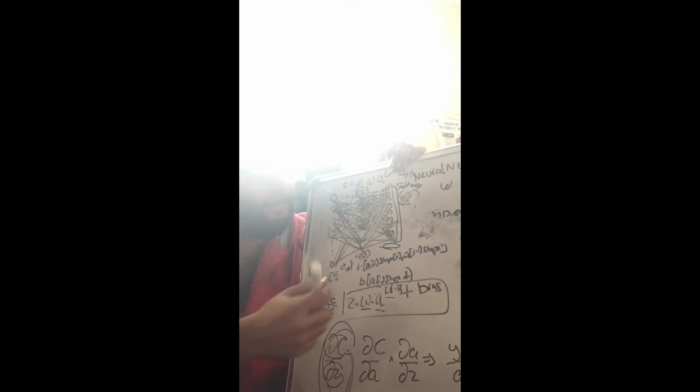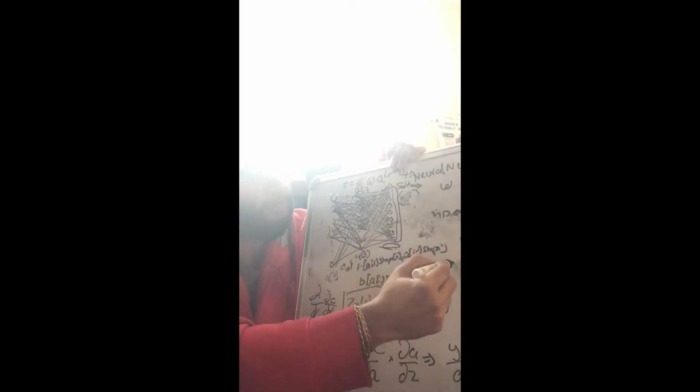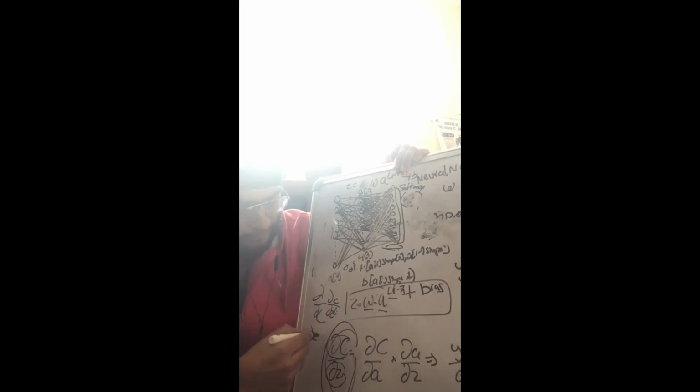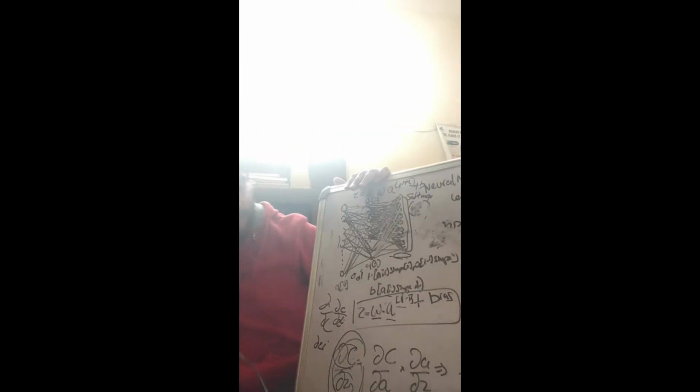We have already calculated dc by dz(l+1), and we have got the value y minus a2, right? We got that particular value. Then we get dz(l+1). Let me just clean it, and I think then you can understand it better.